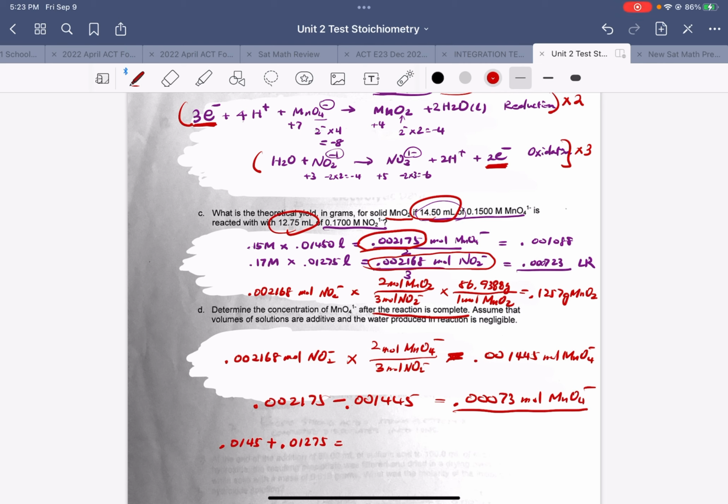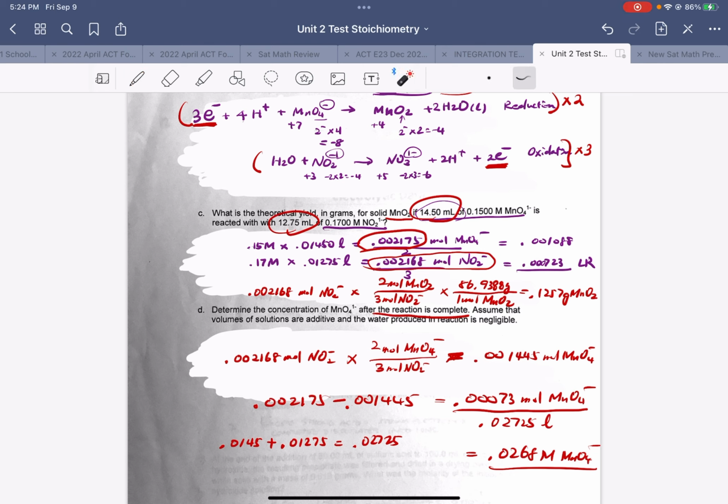Then you will get 0.02725 liter. So you divide by 0.02725 liter, and you get 0.0268 molarity of MnO4 minus. Okay, that's how you get it.